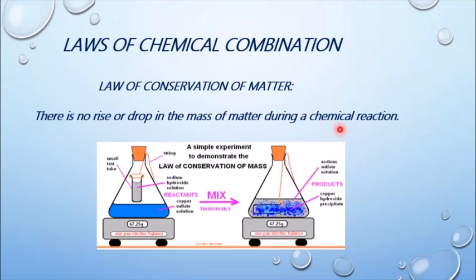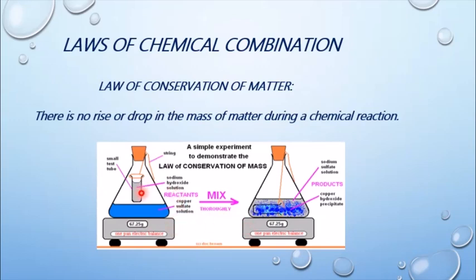Now we all know that when a chemical reaction takes place, the reactants form a product. So here two reactants will combine together, and when they mix together they form a product. Now when you calculate the mass of this product and the reactants, it is the same. You will find that there is no difference in the mass.